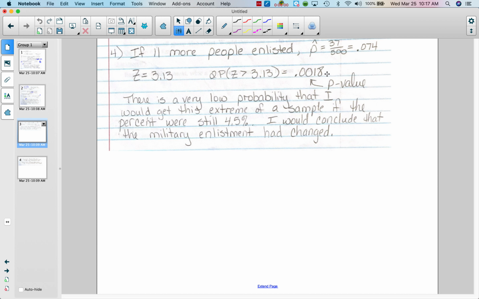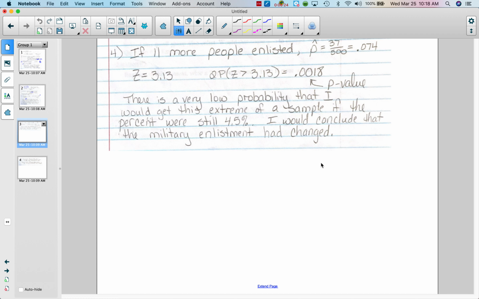So now I do have enough evidence to reject the null hypothesis and say that the alternative is true, and I can say that the military enlistment has changed. Now, notice I can't say it's greater, it's gone up, because all I did was a two-sided test. I can just say I have enough evidence to say that it has changed.